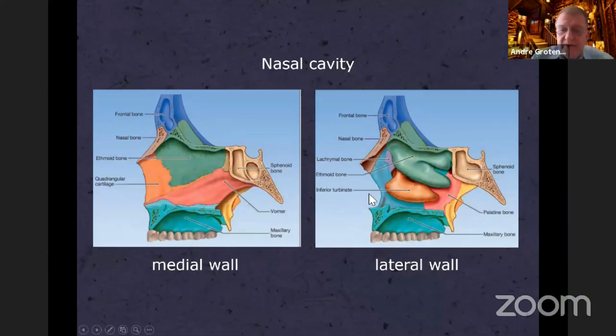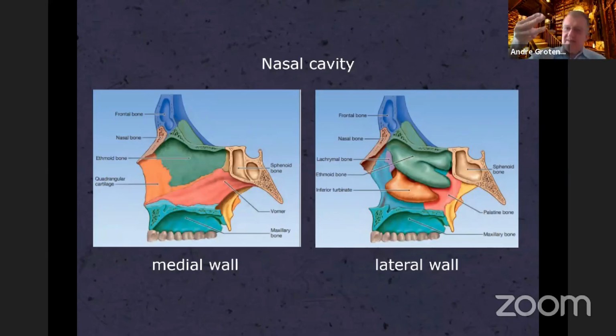So if we look now at the lateral wall, on both sides we have lateral walls, and the middle wall is the septum. On the lateral walls, we see these extensions, and these are the turbinates or conchae. The two major parts of this, superior and middle, are part of the ethmoid bone, and the inferior turbinate is separate.